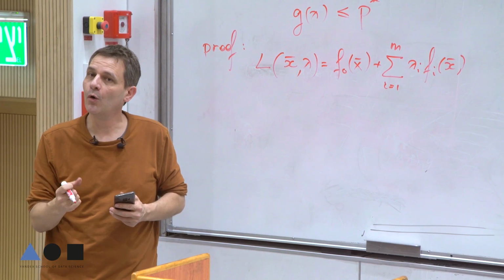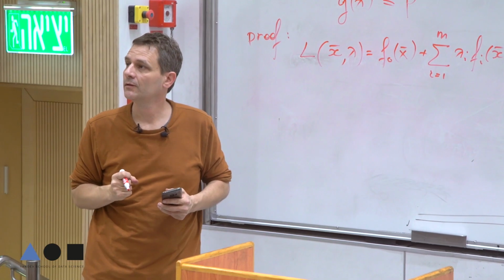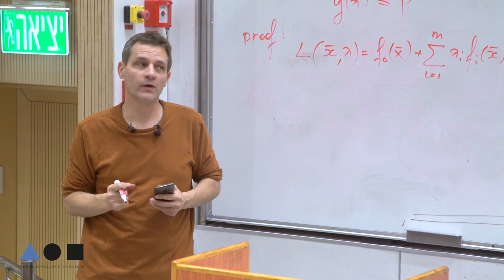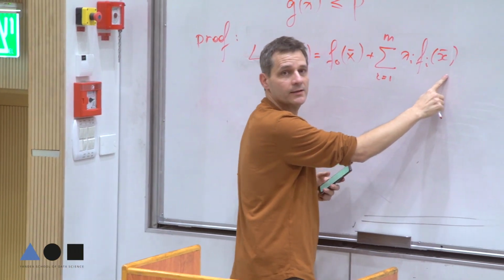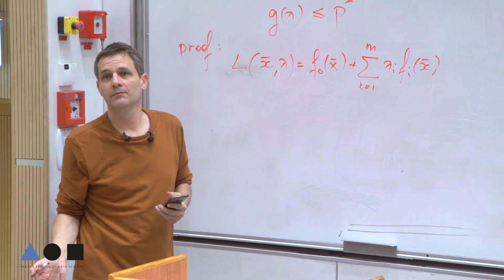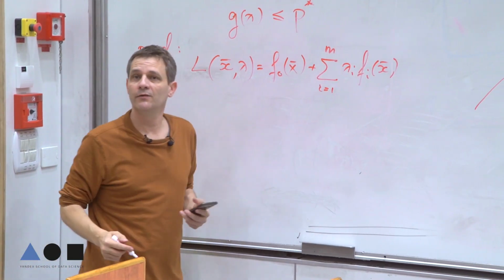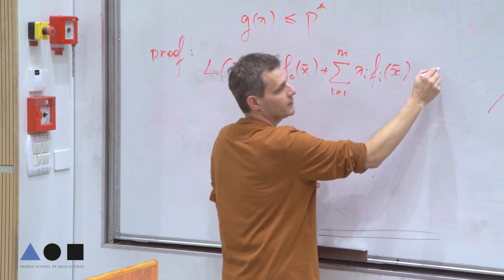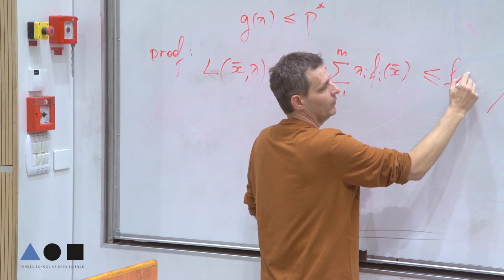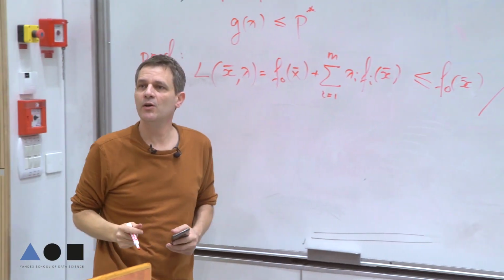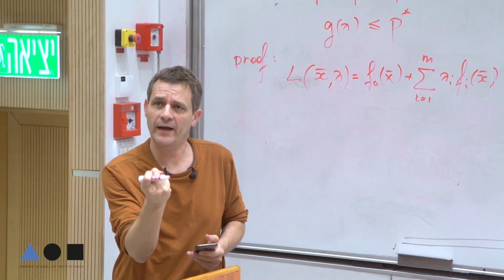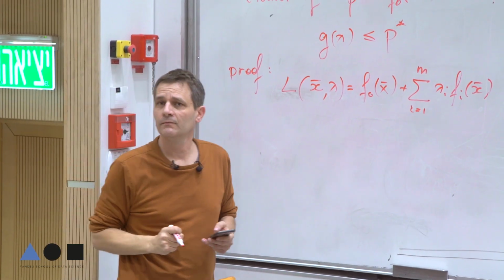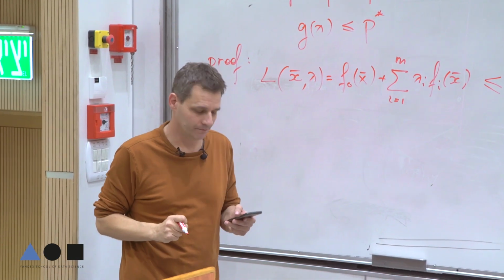That is an x that obeys the constraints. So if it obeys the constraints, what can you tell about f i of x? It's negative. And lambda i are positive. So all this is negative. So this is smaller or equal than this, just because x bar is feasible. Feasible means it obeys the constraints.